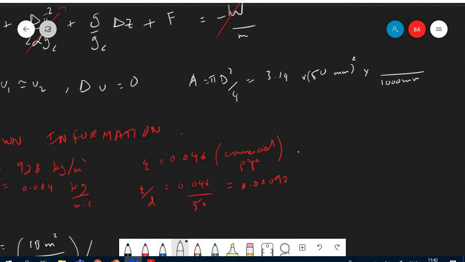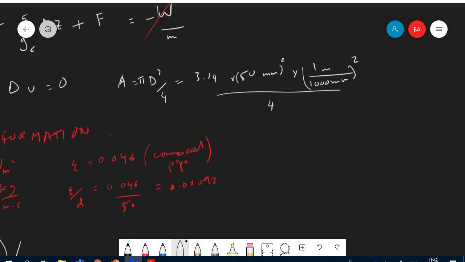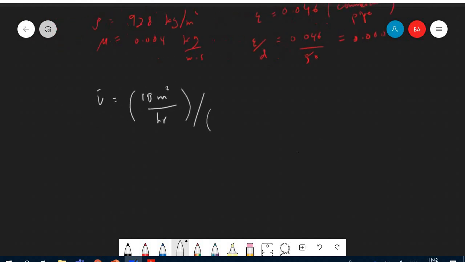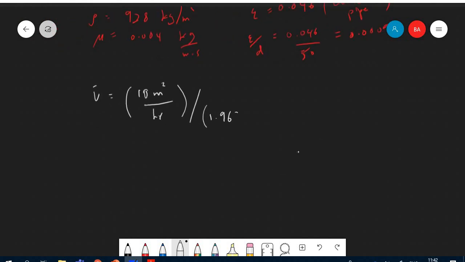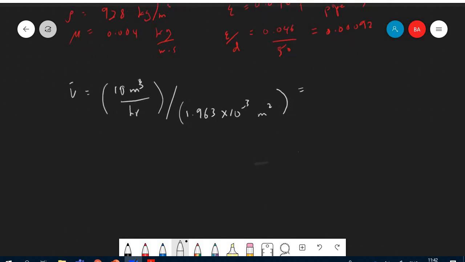And of course I need to convert this with 1000 millimeter and 1 meter square. Wow, that's a big number, divided by 4, and that is about 1.963 into 10 to the power minus 3 meters square. Okay, so 1.963, I need to remember this.